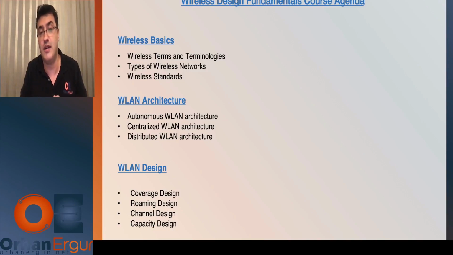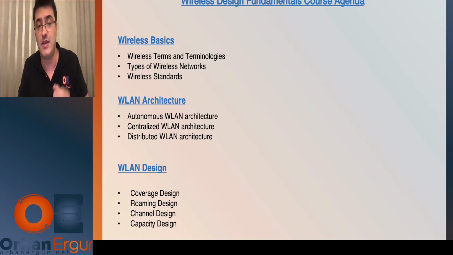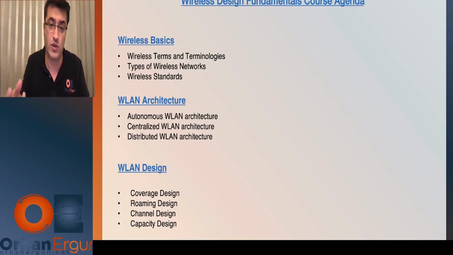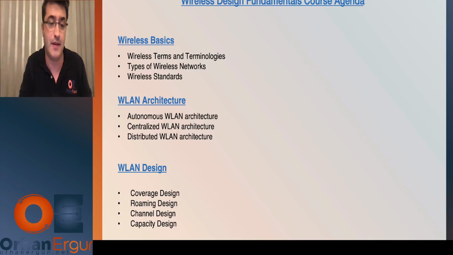So how many clients per access point, how many access points per room? These have, of course, the classical answer, maybe "it depends", but we will be discussing those dependencies and we will justify our choices, of course, why we choose this design versus another design. Every environment requires different design choices.